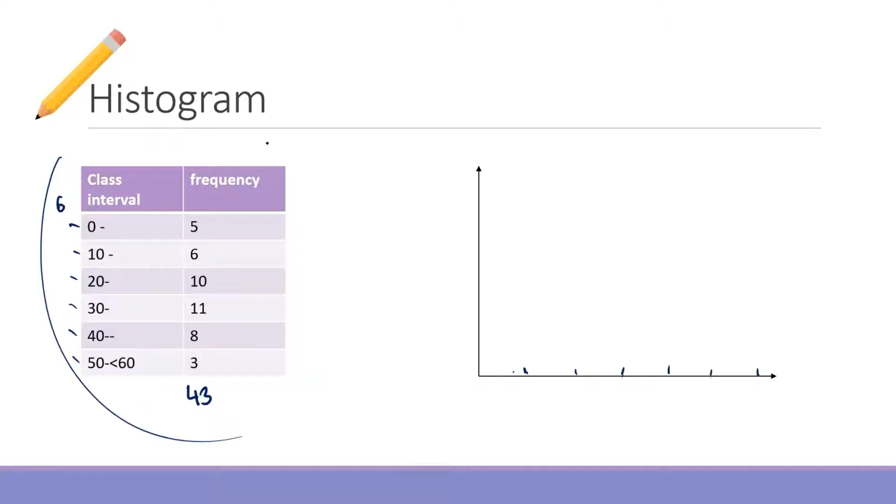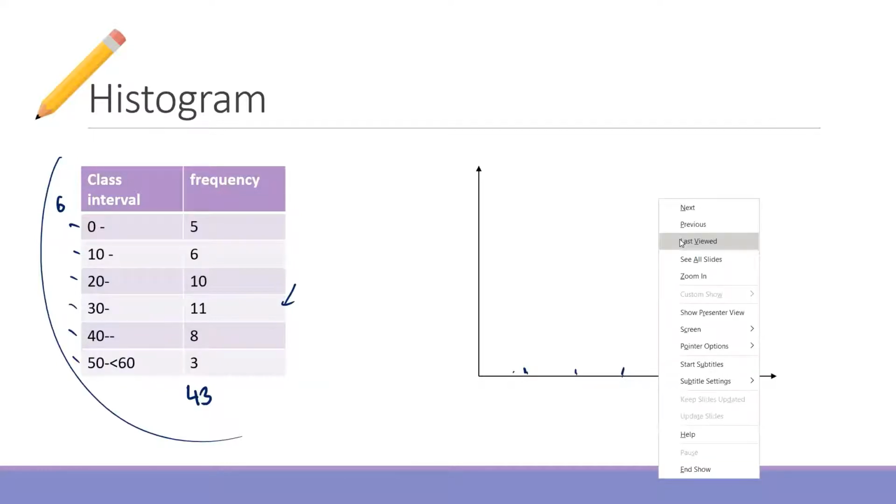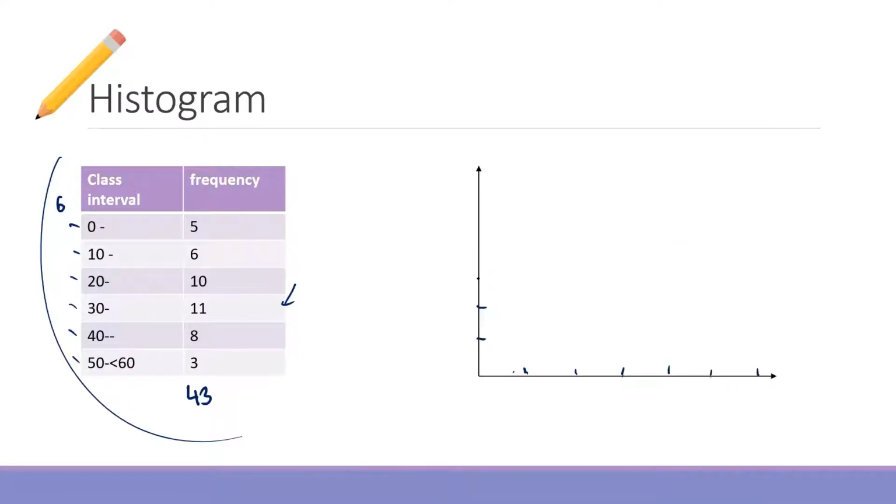Now, vertically though, I've got the maximum frequency about 11. If I round 11 up to the next even number, I've got 12. So I'm going to go up every centimeter. Then I'm going to start putting in some values here.